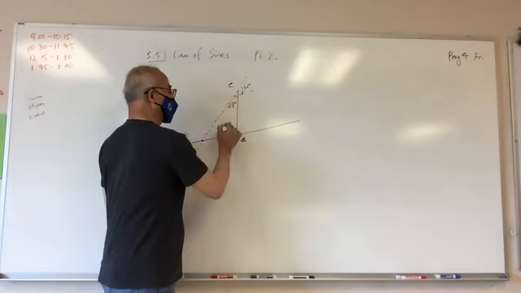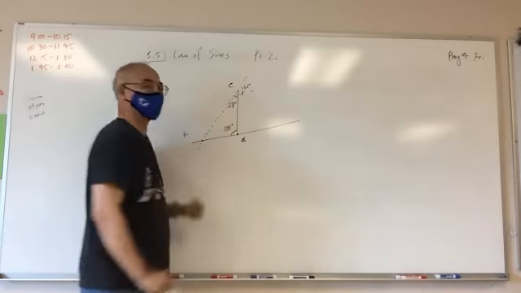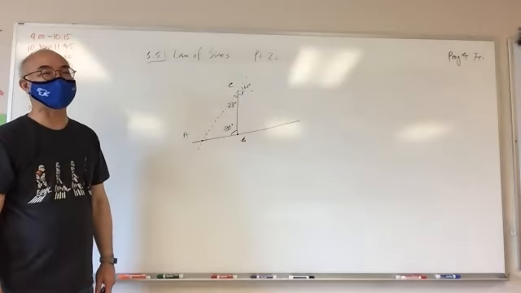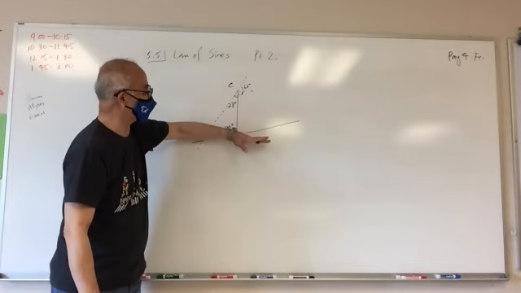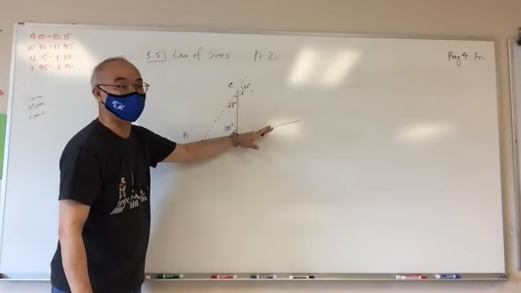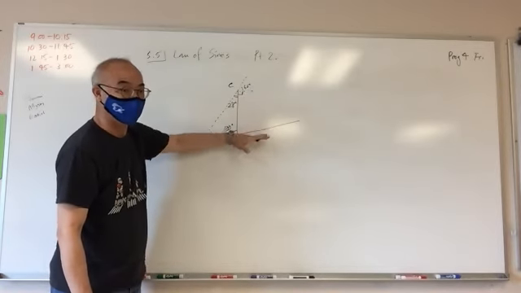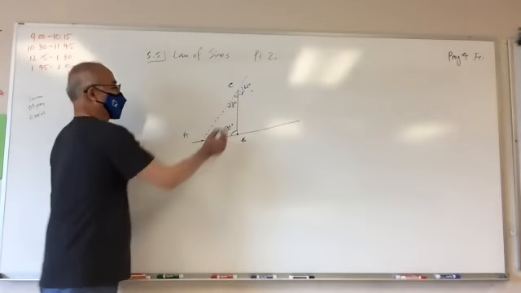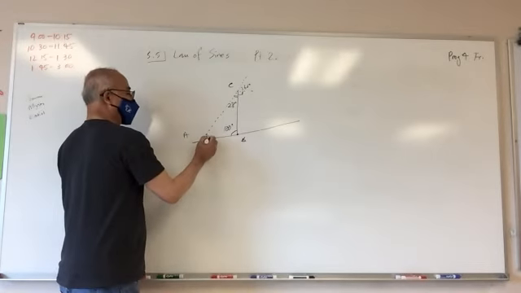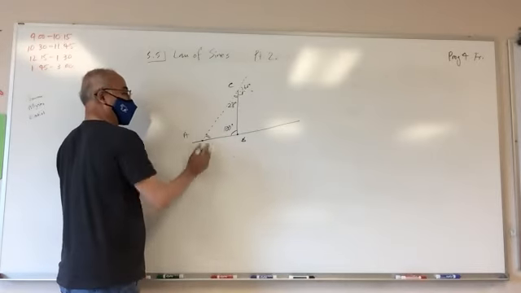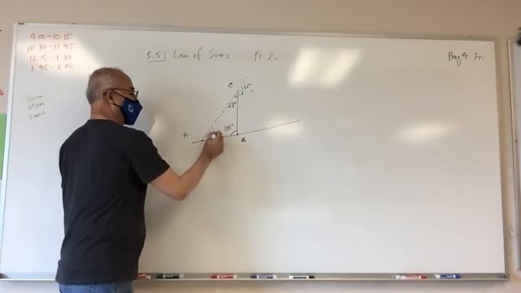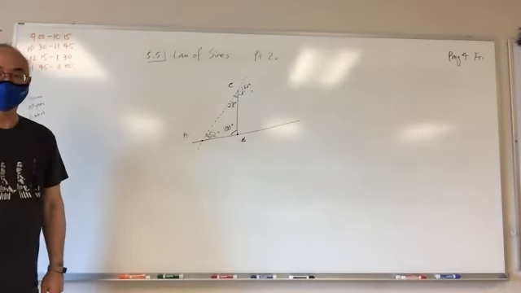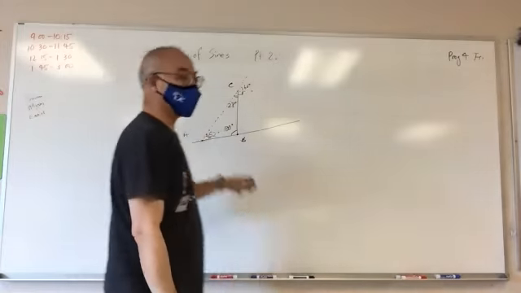If it was here, this would be 90, and I'm adding 10 more degrees, right? Ah, 10 more degrees. If we go down, then we get 52. Oh my God.